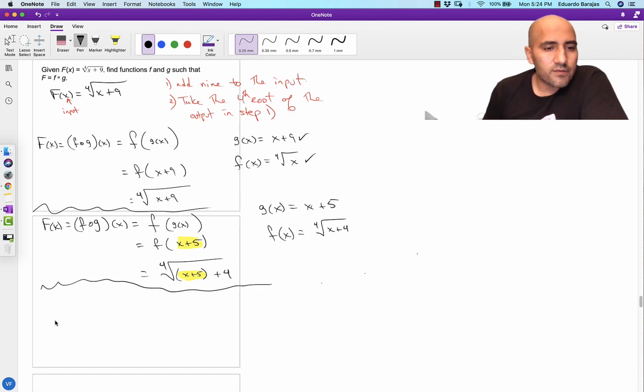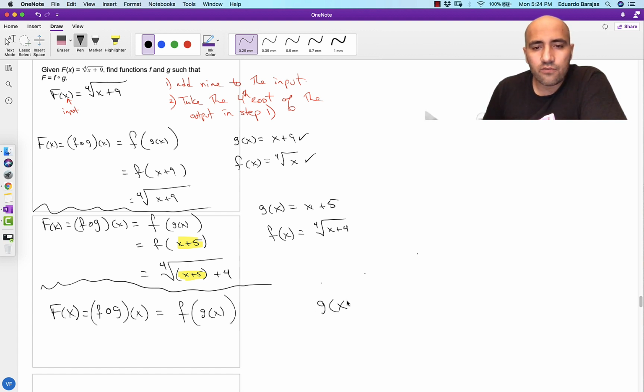All right, let's try one more and see if we can get more creative. If we have capital F of x equal to f composed with g evaluated at x, which is f evaluated at g of x. Let's have a case where the g of x gets you most of the way there. So maybe it's equal to the x plus 9.